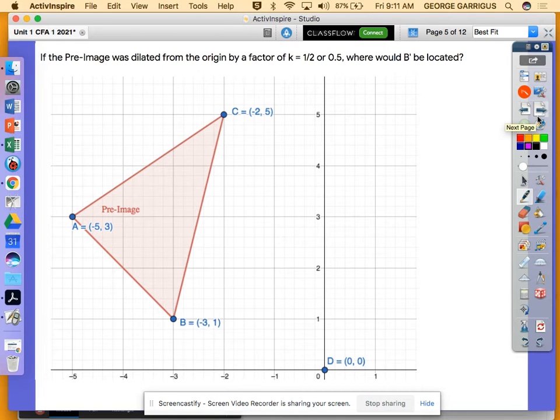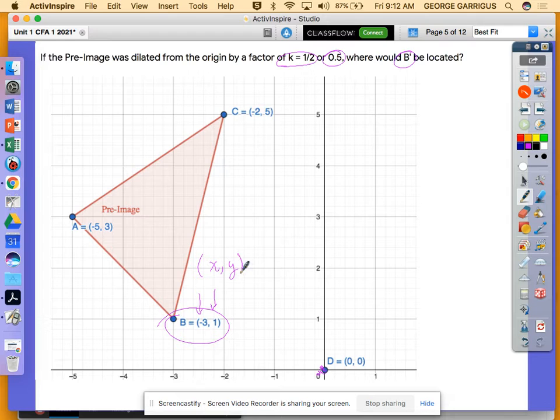Next problem. If the pre-image was dilated from the origin by a factor of K equals 1/2, or another way to write that is 0.5, what's B prime going to be? Well, let's find B. We're dilating from the origin, so what do we need to do? We need to know that your x, in this case, is -3.